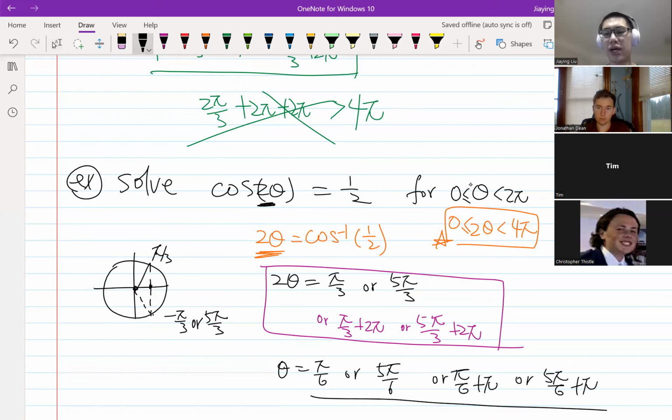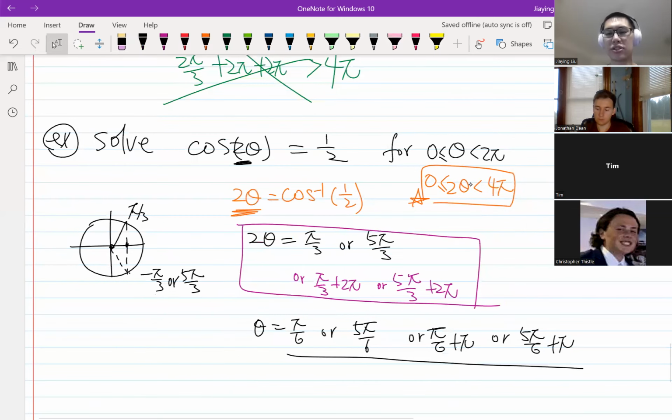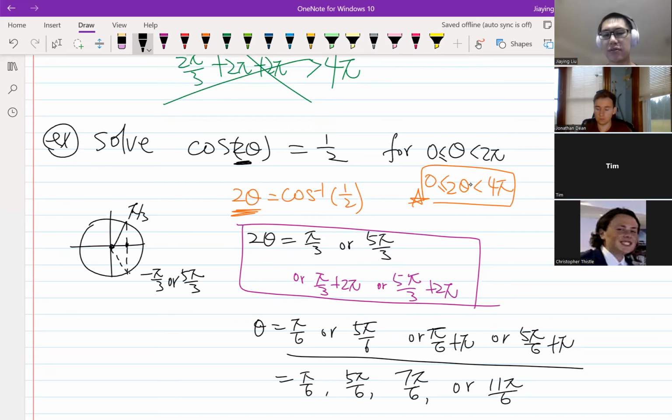Those are the 4 angles, and just to make things look nicer, we simplify the last two. So I get pi over 6 or 5 pi over 6, and then pi over 6 plus 6 pi over 6, so that's 7 pi over 6 or 11 pi over 6. We get 4 angles.